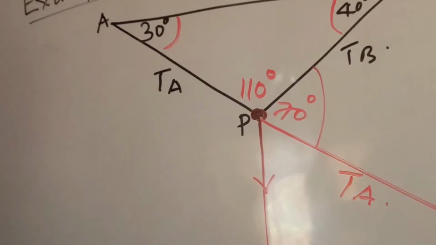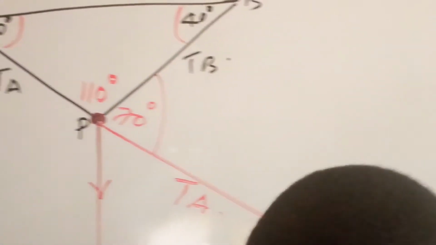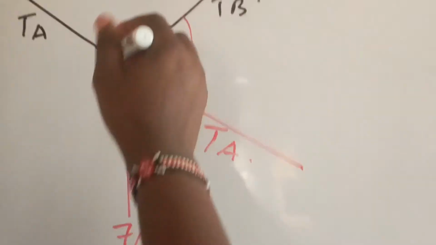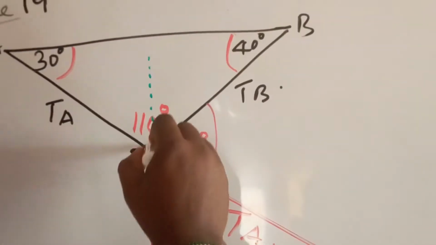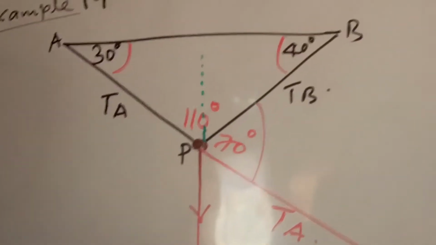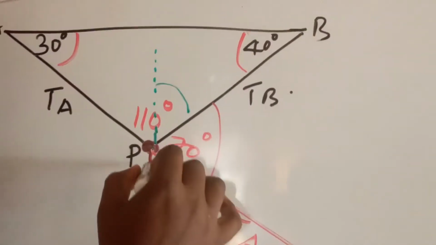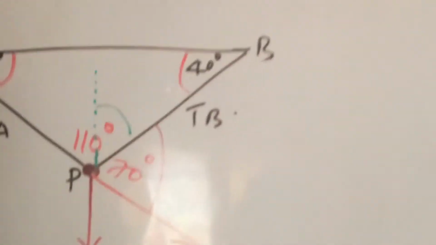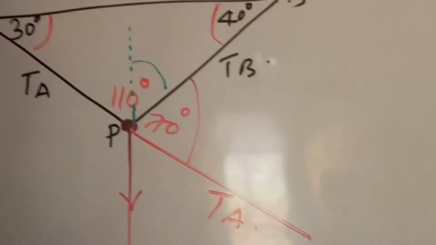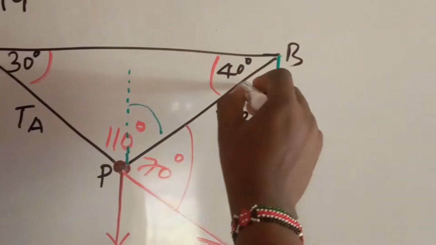What we have to do now is shift this force so that we can have our own triangle there. And how do we shift that force? If we extend it the way it is, then we need the angle between the tension B and this force, when the line is produced straight up, to be the one that comes here.